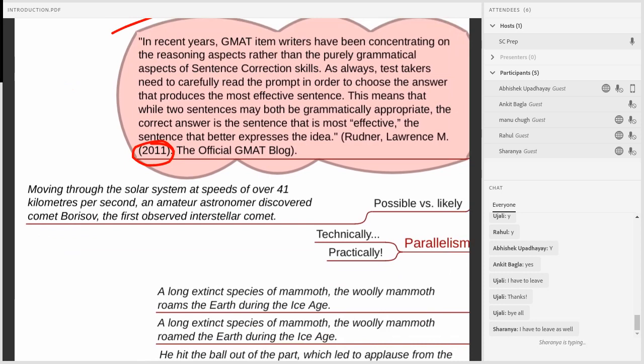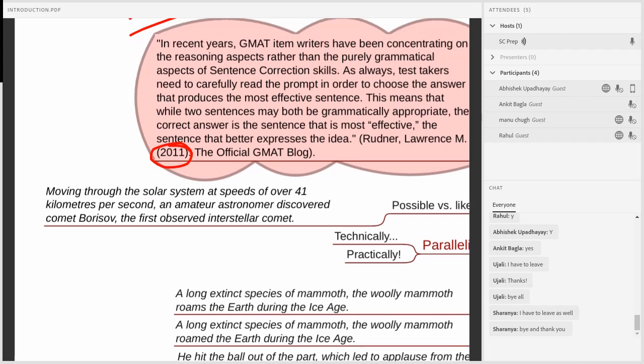Now the next point is about possible versus likely. Thank you for attending, Sharon. So, possible versus likely when it comes to meaning calls. Now take a look at the sentence. Just take a second to read it and think about the meaning of the sentence.